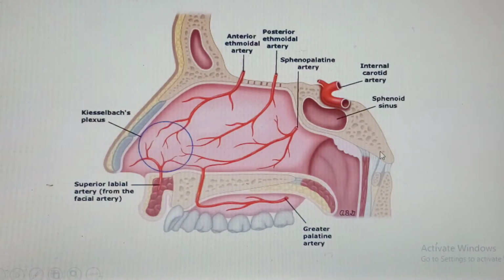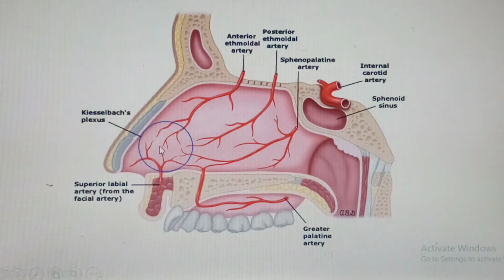Now, one thing that is very important is that the mucous membrane of the nose is highly vascularized. Over here, we have an area we call Little's area. In the lateral wall of the nasal cavity, we have this Little's area. Please get to know that Little's area.